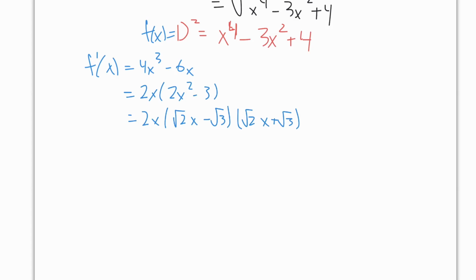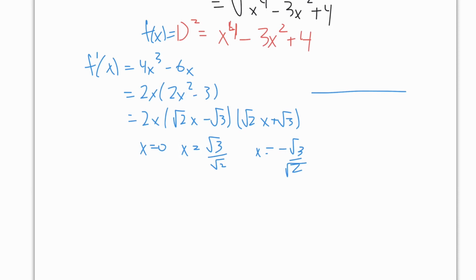And so we can go ahead and draw a sign diagram from that. A little tricky here, maybe I'll write the values. So this will be x equal to 0, x equal to root 3 over root 2, and then this is x equal to negative root 3 over root 2.